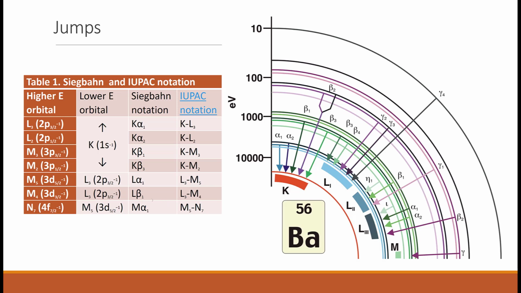You might guess that L alpha and L beta correspond to jumps to the L orbital, and you're correct. There's also M peaks, but we won't worry about those. We're not even worried about the L peaks at this point. So the nomenclature here gives us some idea of where we're expecting the propagation of X-rays to generate from the electron jumps.